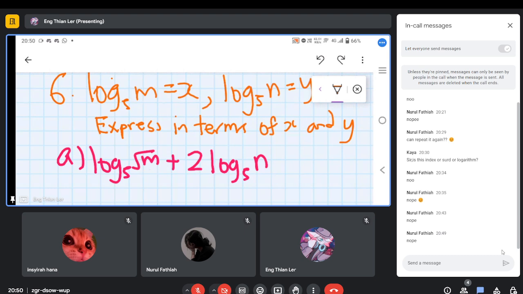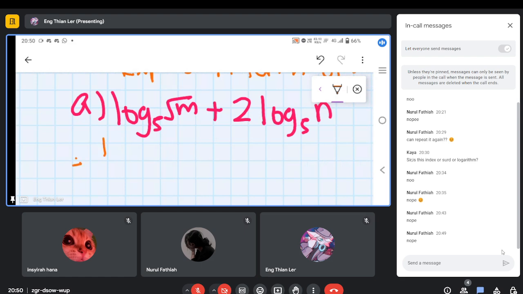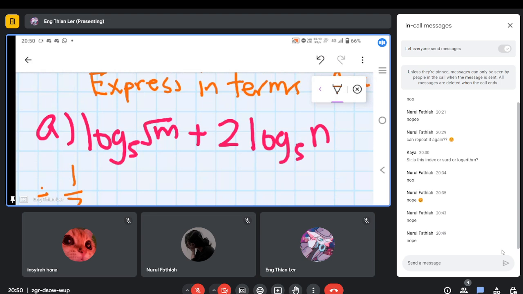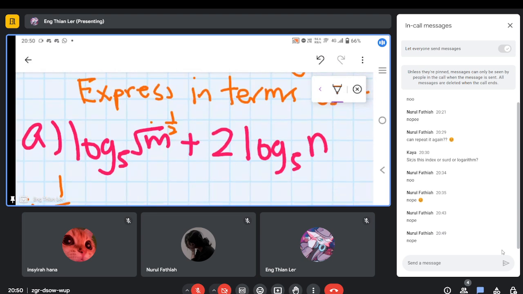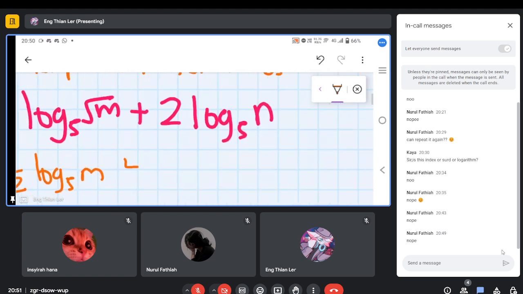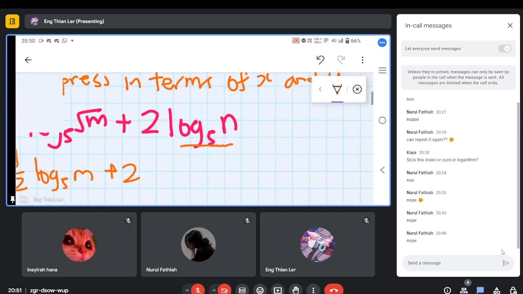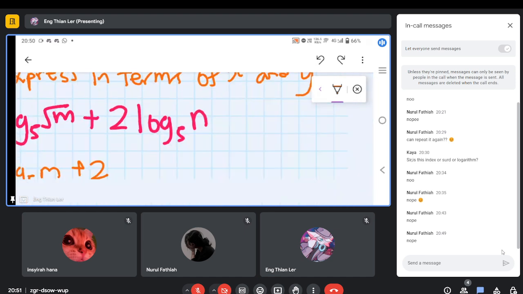So we know that square root of m is actually m to the power of 1 over 2. So this can be written as 1 over 2, because it's actually 1 over 2, and then we bring it to the front. So that's why we can write like this. So we have 1 over 2 log base 5 m plus 2 log base 5 n, which is equal to y. It's just the same.